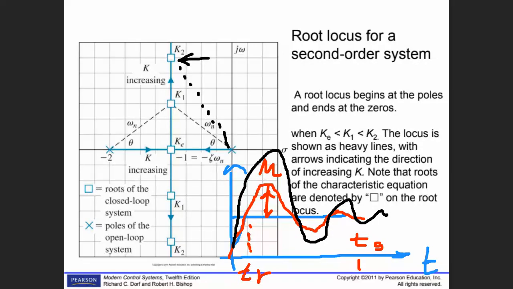So this K1 is much better than K2. K2 is the black curve, and K1 most likely is the curve of the green.